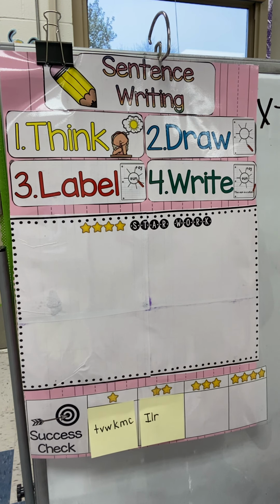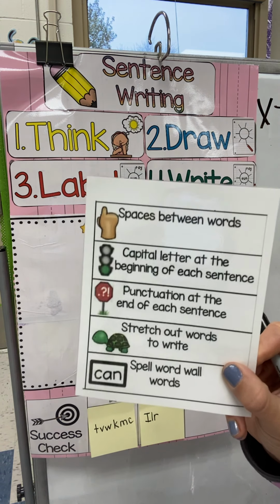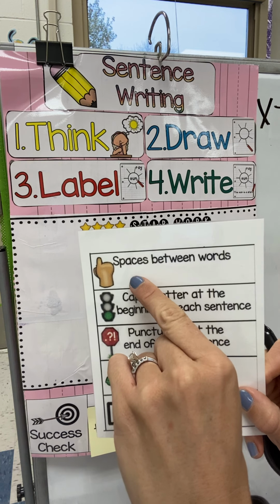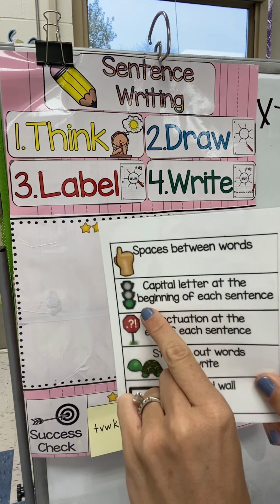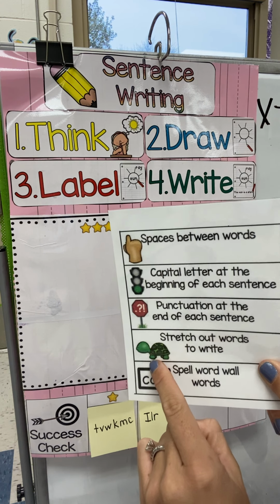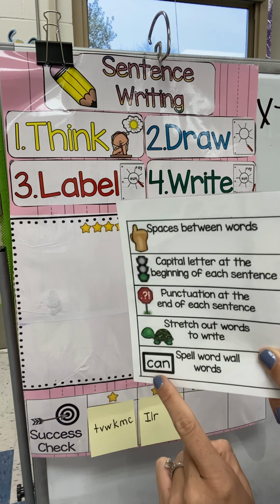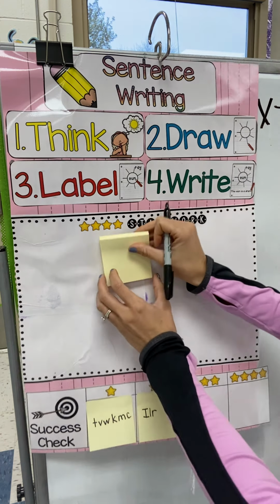So if you're ready for 3-star writing, you forget just one thing from our checklist. So remember, we need spaces between words, a capital letter at the beginning of each sentence, punctuation at the end of each sentence. You stretch out words to write, and then once we learn sight words, you spell those right. So it might look like this to be 3 stars.